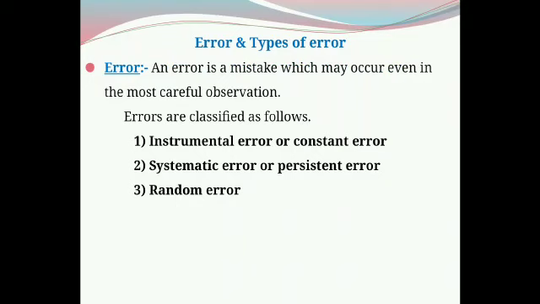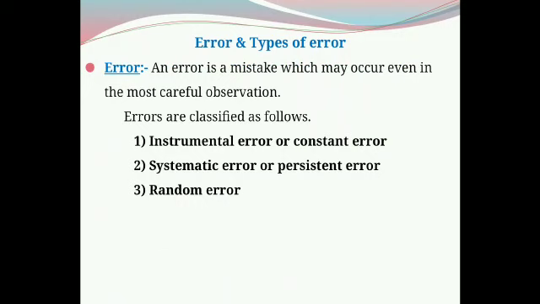Therefore, errors are classified as follows. First is instrumental error or constant error. Second is systematic error or persistent error. Third is random error. Instrumental error means an error caused due to a faulty instrument.